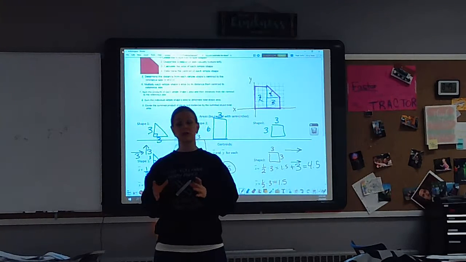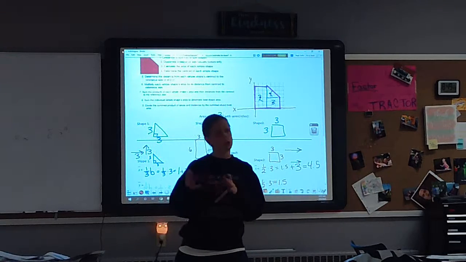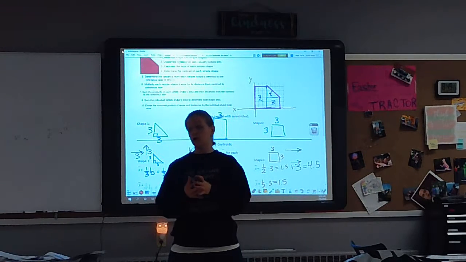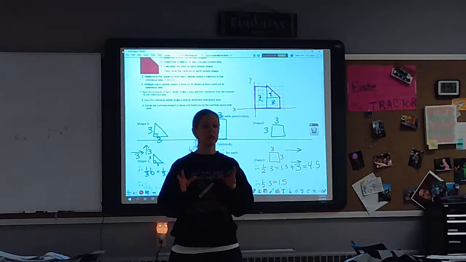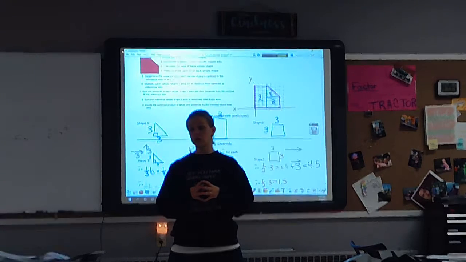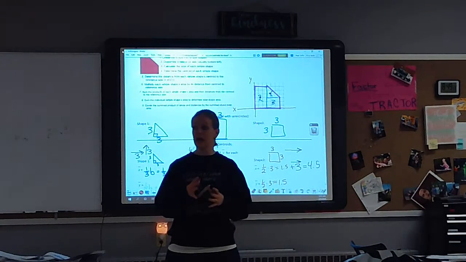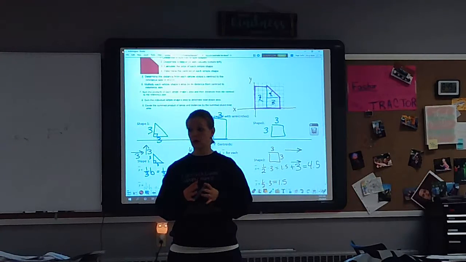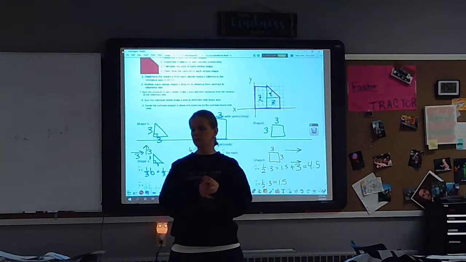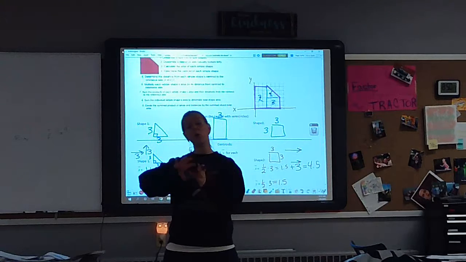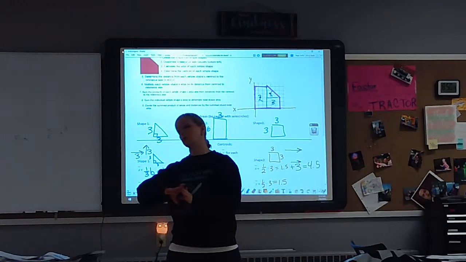Therefore, the centroid is going to be the closest to the rectangle. The triangle is the littlest item, so it won't have as much of an influence on the centroid. So the item that's going to have the most influence on the centroid is the rectangle. So you might notice your centroid being pulled to your rectangle when we're all done.